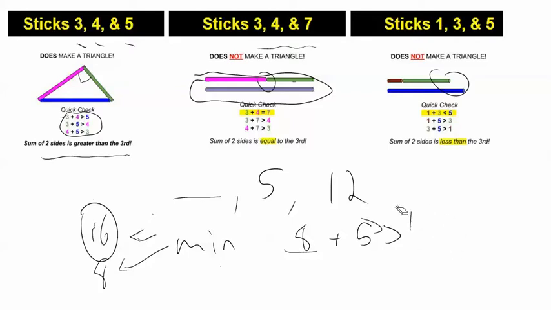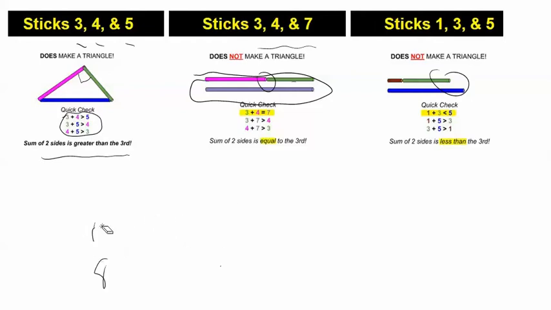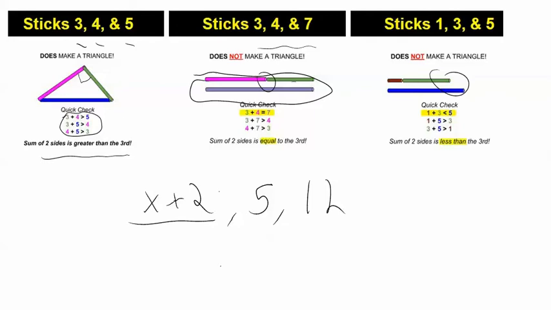Now, a couple problems you're going to get is when they change things up and they say things like, well, if you look at that last problem, suppose I had 5 and 12, and in this blank, I had x plus 2. So that was the variable. It just says x plus 2 in there. Don't change any rules.